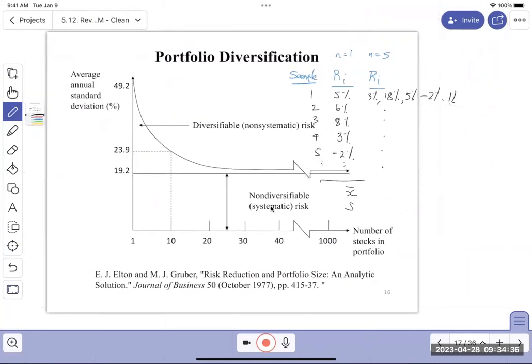I'm trying to help you understand this so I don't have to talk about it again. From here you get X bar for each one. What's plotted here is the average of the annual standard deviation. These were all annual returns, calculated the way we understand returns, and then they calculated the annual average.